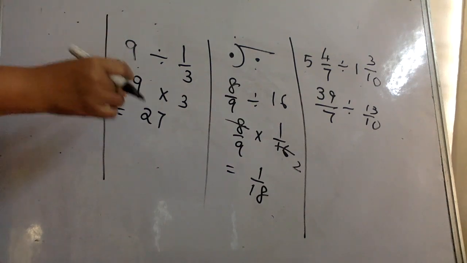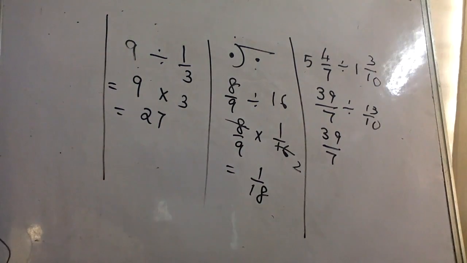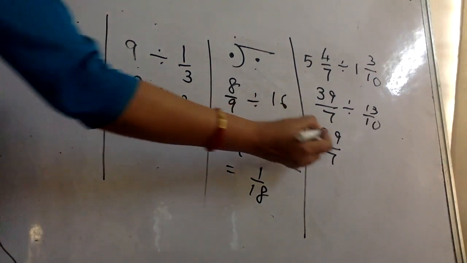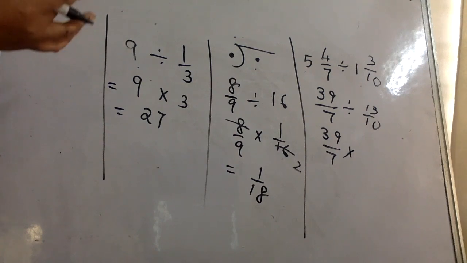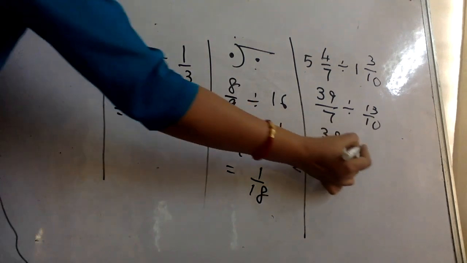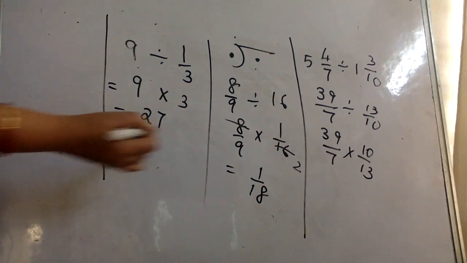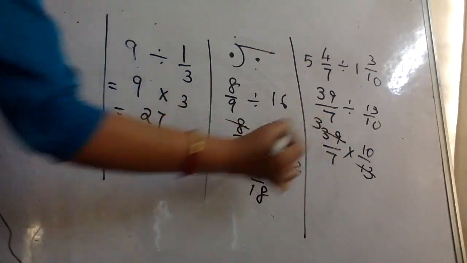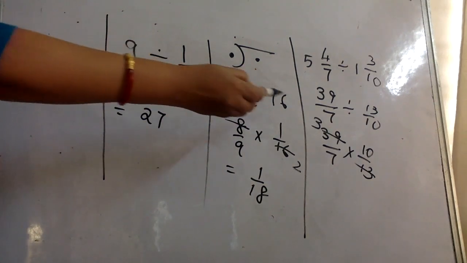Then comes the next step when we do the reciprocal. The reciprocal goes in the same step as the into sign. So into 10 by 13. Now 13 and this goes, that's a 3. After this, there is no more cancellation possible.